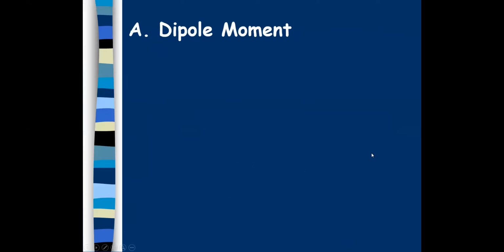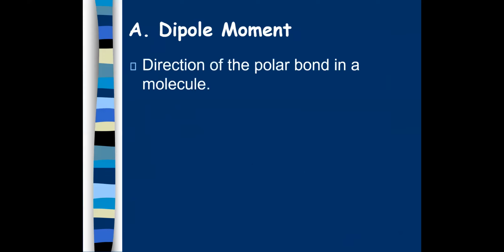So we're not going to call them that. But you have to have what is known as a dipole moment. What is a dipole moment? Well, a direction and the polar bond in a molecule. So if you have a polar bond, and all of the bonds are going to be polar, unless they're the same element, then no.